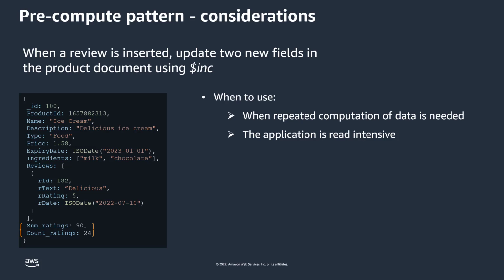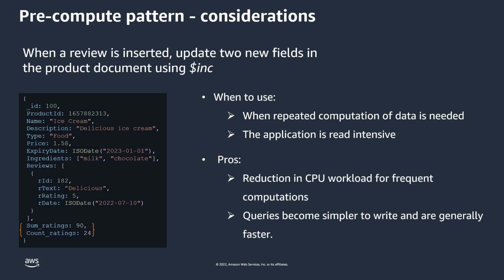In this case, the computations can be amplified, and it's putting a lot of stress on CPU, memory, or I/O. By applying this pattern, you are reducing or avoiding repetitive processing, and queries become simpler and faster. Typical use cases for this design pattern are, again, catalogs, IoT, mobile, or real-time analysis.